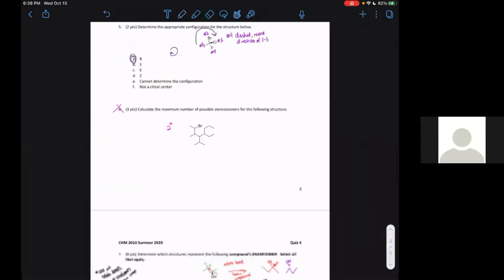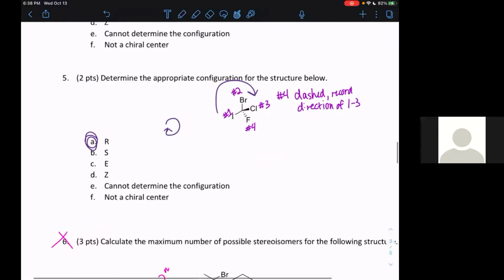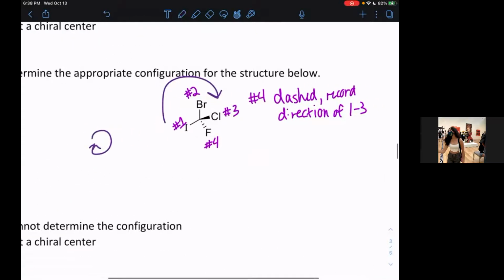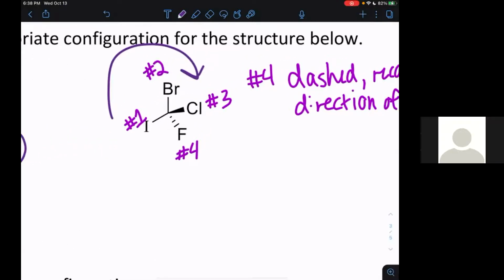For this one, I'm a little bit confused because we record the direction from 1 to 3. Does that mean you just ignore 4 again? Yeah, basically. Because I think ignoring the 4 is fine, but whether it's dashed or wedged is important for the number 4 that you label.